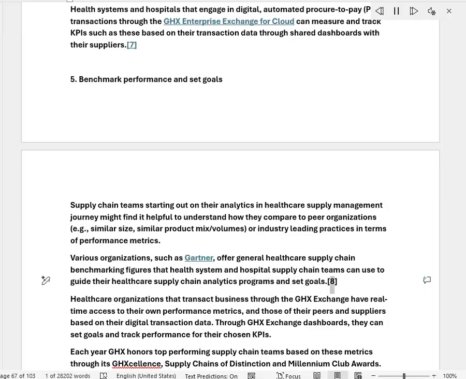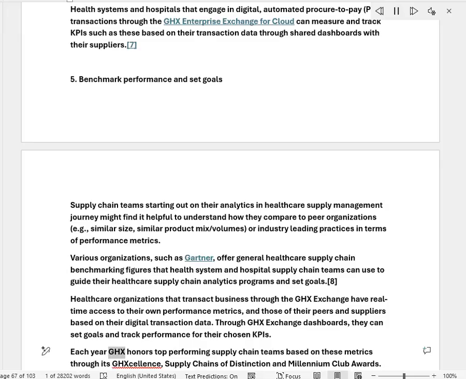Healthcare organizations that transact business through the GHX exchange have real-time access to their own performance metrics, and those of their peers and suppliers based on their digital transaction data. Through GHX exchange dashboards, they can set goals and track performance for their chosen KPIs.